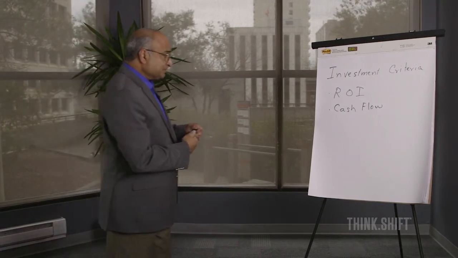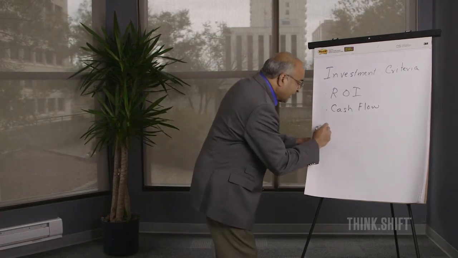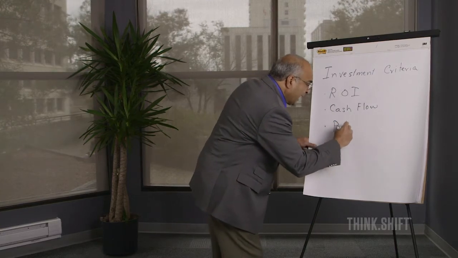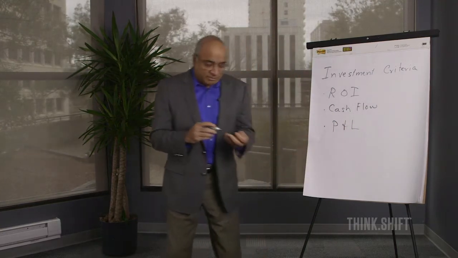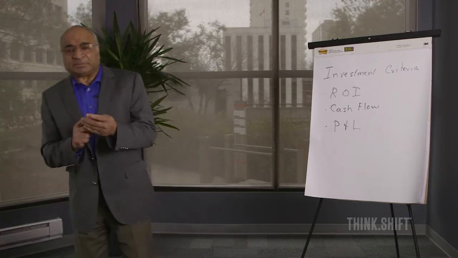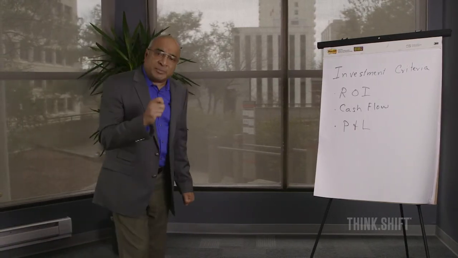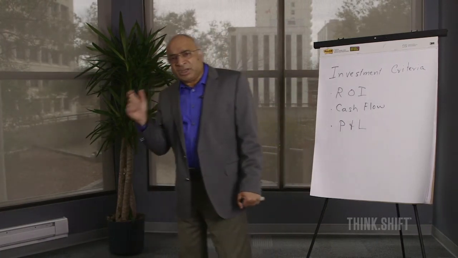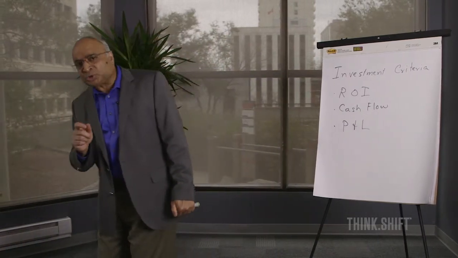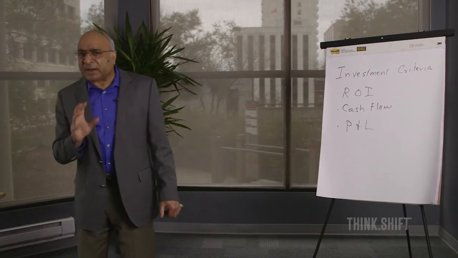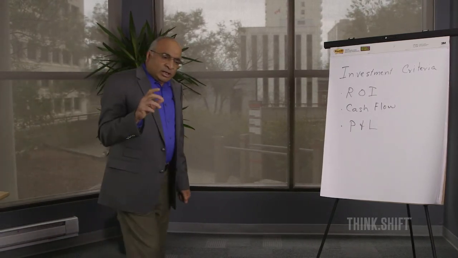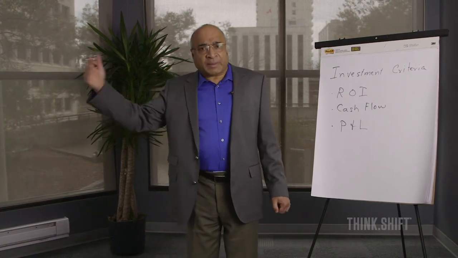Third test is, do I have the luxury in my P&L, in my income statement, in my profit and loss statement? Do I have the luxury to make that investment? Now, this is a much bigger deal for public companies, but it is also an important item for private companies. If you have a bank loan, you have covenants on the bank loan.